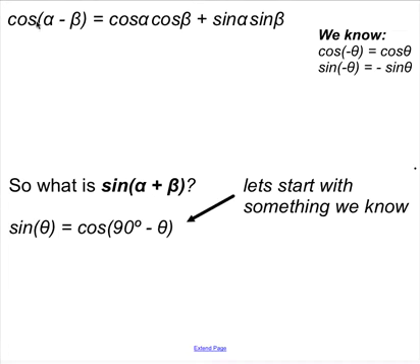I just want to show again where our other identity with cosine of alpha plus beta comes from, and I gave a little hint of the identities that we used last time. What we did, and I'd like you to remember this, is we replaced all the betas we have with negative beta.